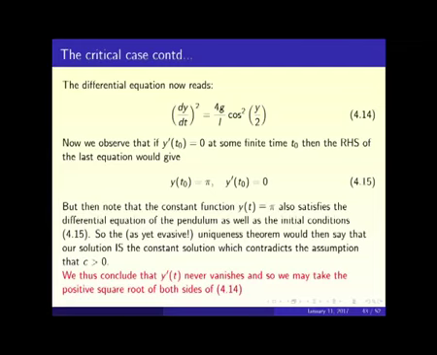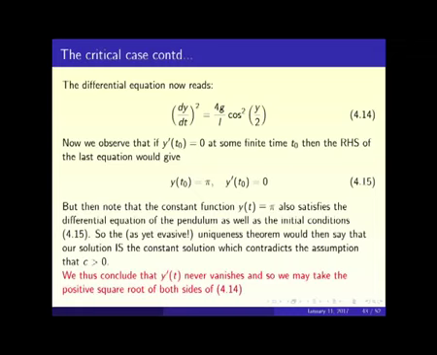Now, observe that if y'(t0) equals 0 at some finite time t0, the right hand side of the last equation will give you that y(t0) must be pi and y'(t0) must be 0. But notice that the constant function y(t) identically pi also satisfies the pendulum equation, and it also satisfies the initial conditions 4.15.